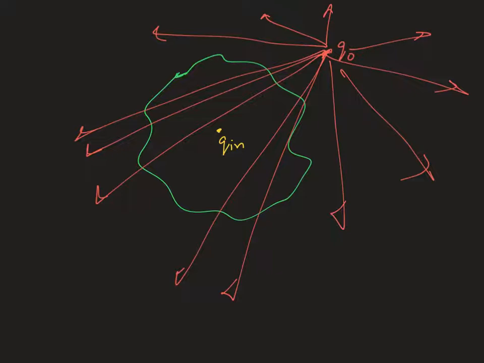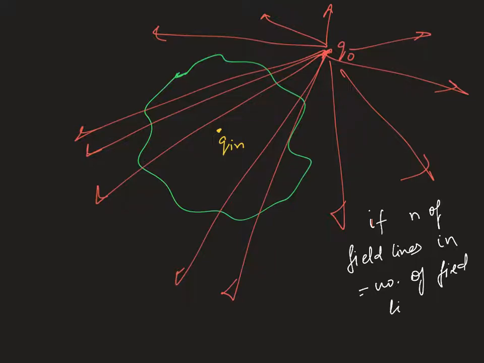If 5 field lines are coming in and going out, we know very well what it says: if the number of field lines in equals the number of field lines out, then the flux of that charge is equal to 0. So let me call this charge the A charge, and let me call the other charge the B charge, and we will say that the flux of the A charge is equal to 0.